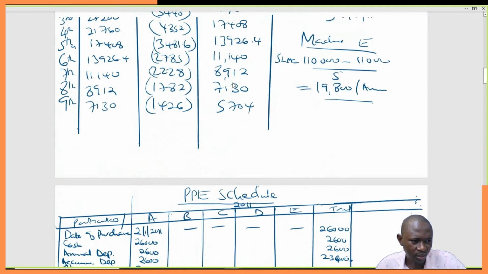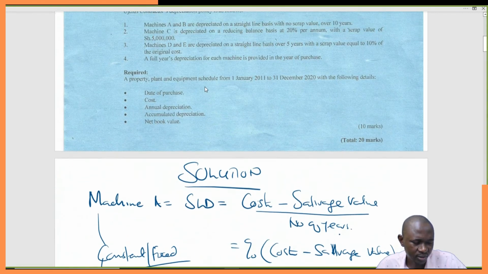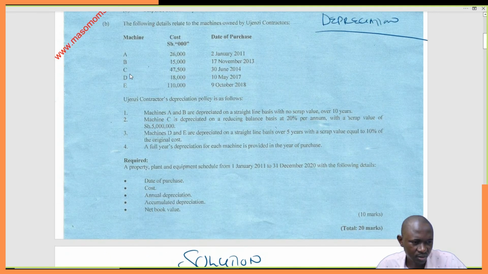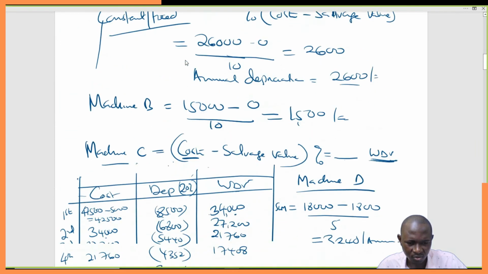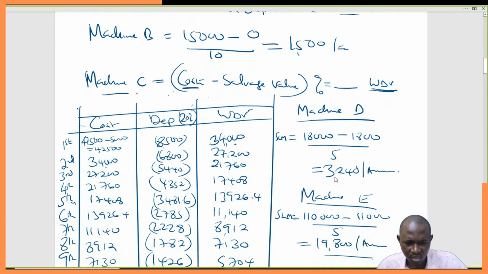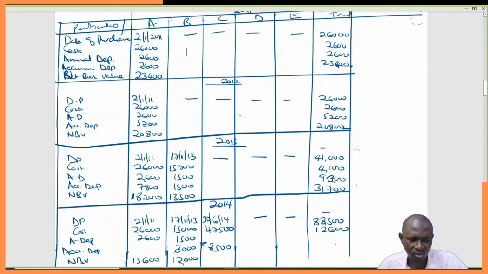But remember, in 2017, this machine was bought at 18,000. It was bought 10th May 2017 at 18,000, and depreciation is 3240.